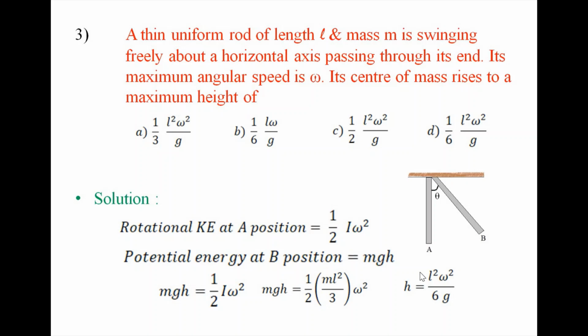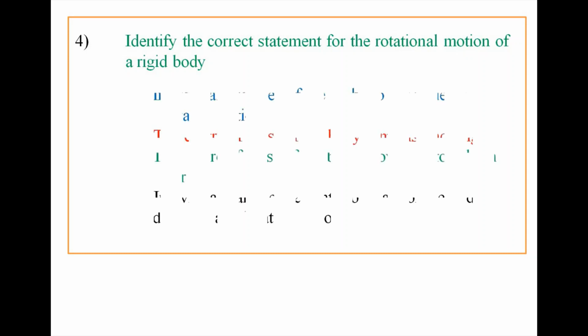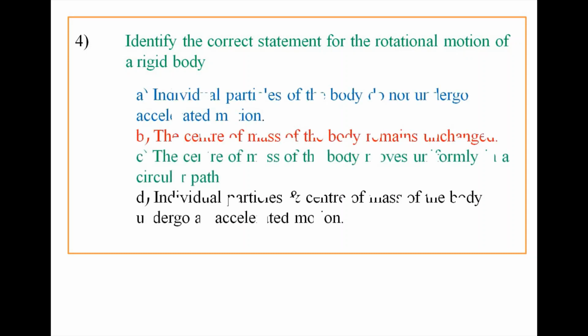Let's see the next objective. Identify the correct statement for the rotational motion of a rigid body. Option A is individual particles of the body do not undergo accelerated motion. Option B is center of mass of the body remains unchanged.